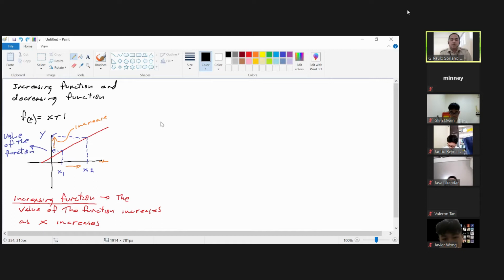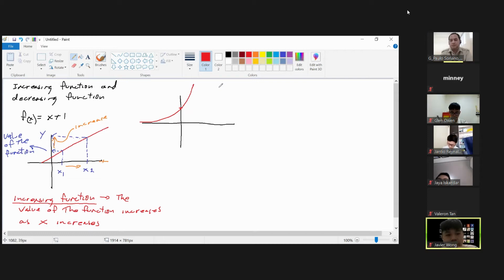So what else can be an increasing function? If the graph, for example, is like an exponential graph. Remember this one, when we were in high school? This is y equal to a raised to x. When the value of x is here, x1, our value in y is just up to here.